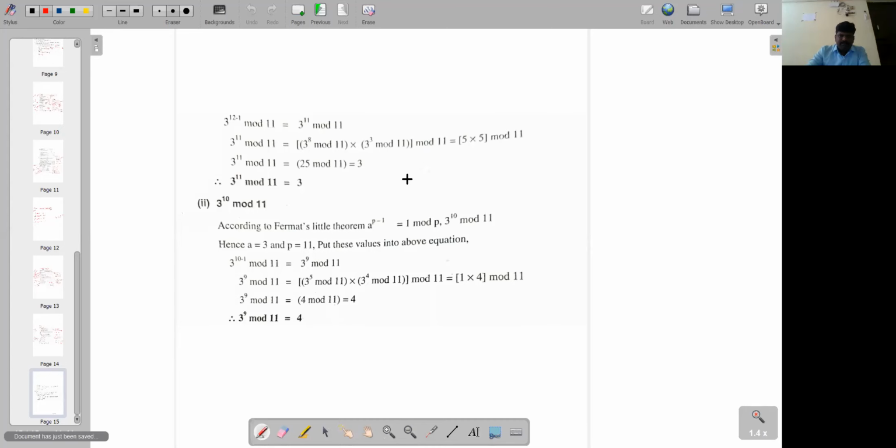The question is asking 3 raised to 10 mod 11. We can use 3 power 2, 3 power 4, and 3 power 8. You can use your own method, as I mentioned. There are no such restrictions.